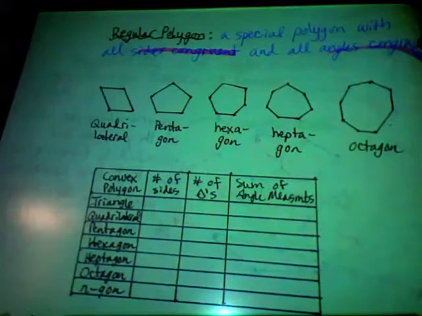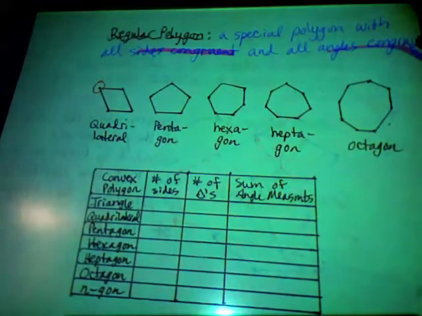So look at the quadrilateral. I want you to take that vertex right there, and that vertex only, not all of the vertices, but just the one vertex. And I want you to draw as many diagonals from that vertex as you can. Now a diagonal has to go from vertex to vertex, and it may not be the side of a polygon. So how many diagonals can you draw?